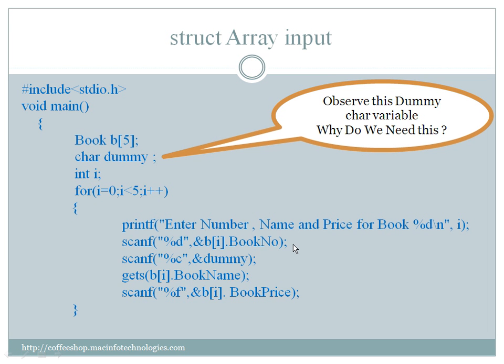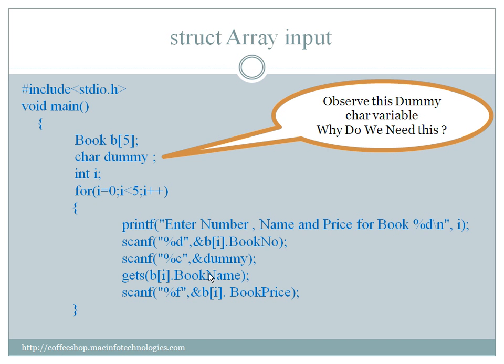Once we enter the book number and press enter, the enter will go to this dummy character. It's scanning that character, the enter character. So what happens if we don't write this scanf? When the user enters the book number and presses enter, the enter goes into the book name. Here for the book name we are using a string instead of a character variable, a character array of probably 20 or 30 size, and gets is used to get the string.